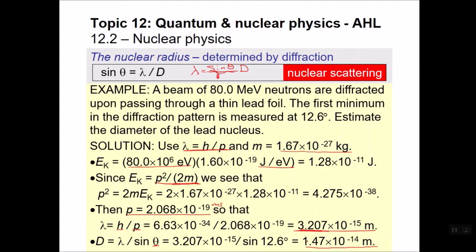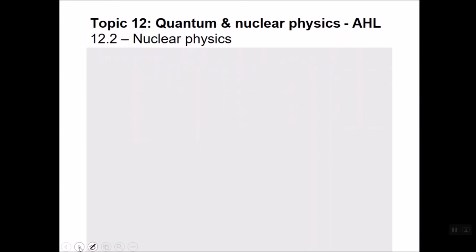So that d is basically the radius of the nucleus. Okay, it's the size of the slit, basically.